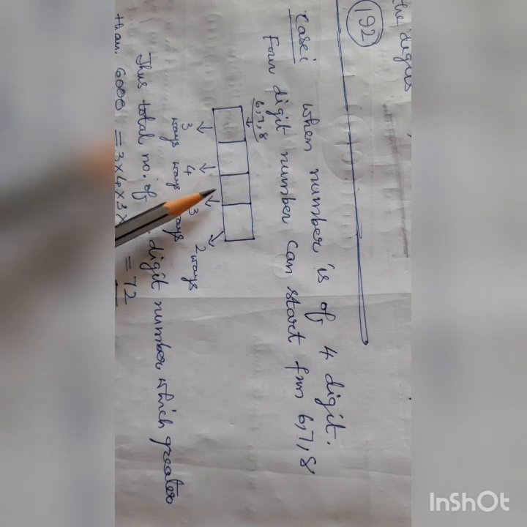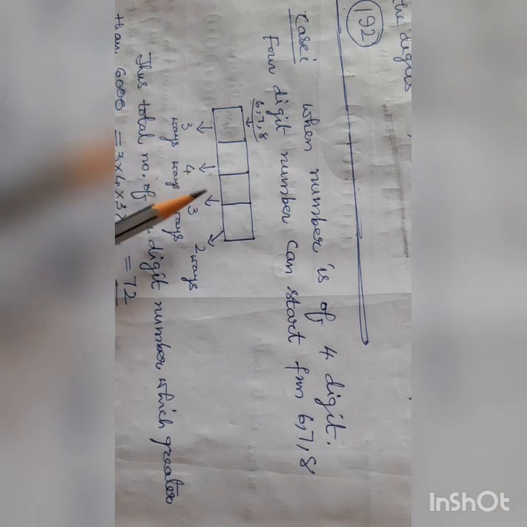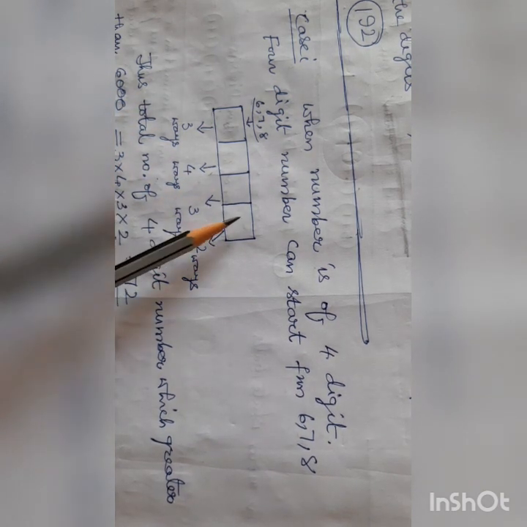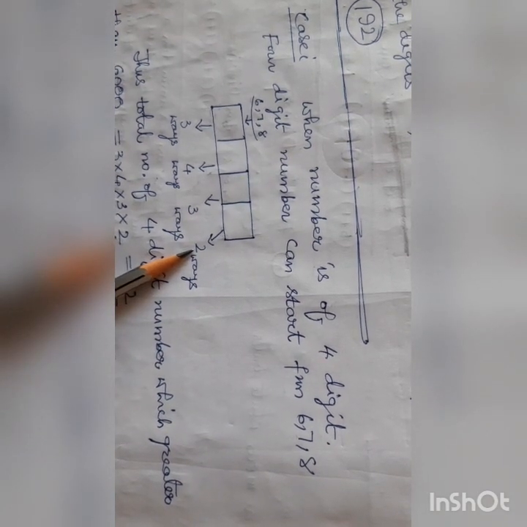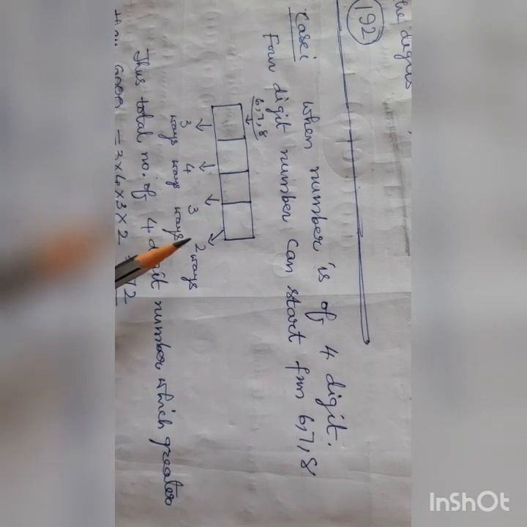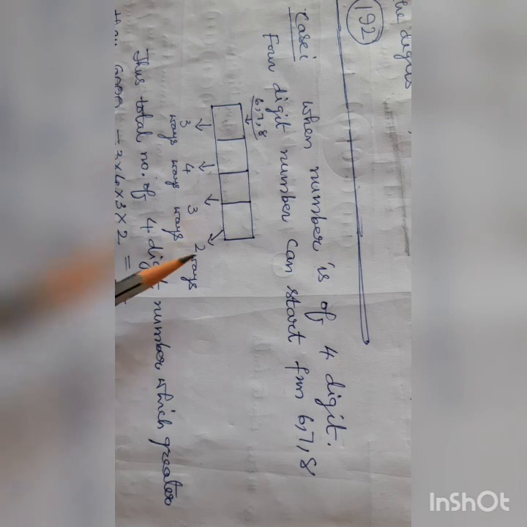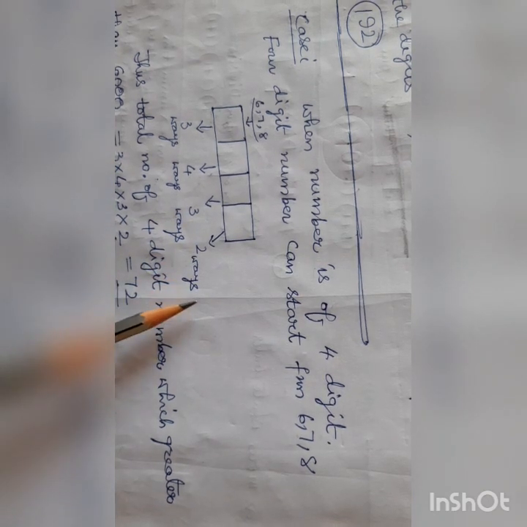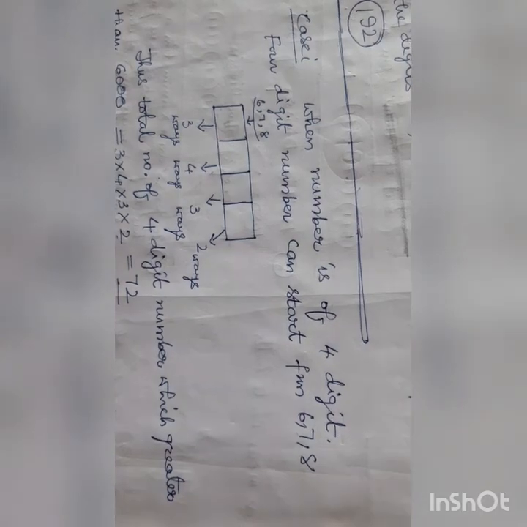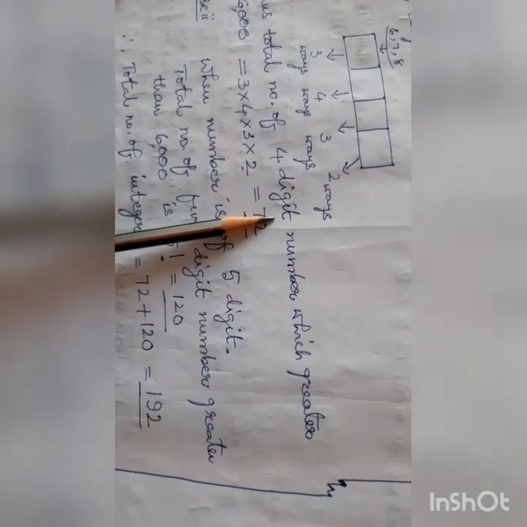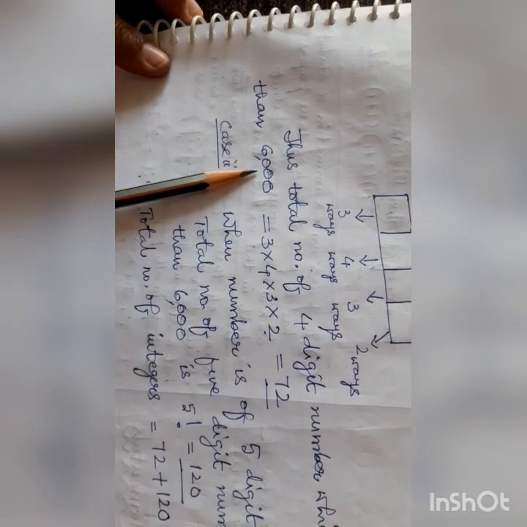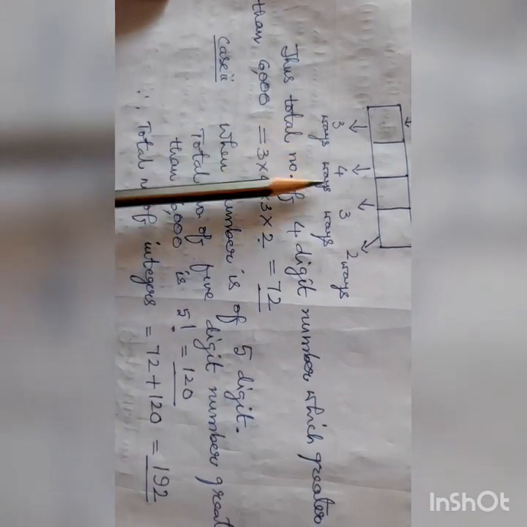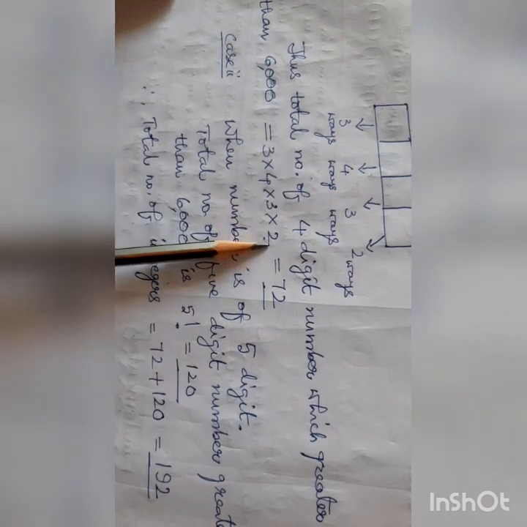Then 1 number deducted and 2 digits will be left, so 2 ways. Either 1 digit or another digit. Thus the total number of 4 digit numbers greater than 6,000 is 3 into 4 into 3 into 2, which is 72.